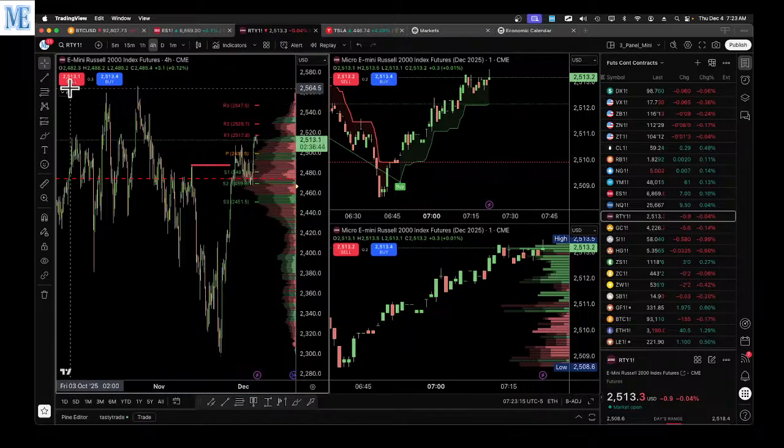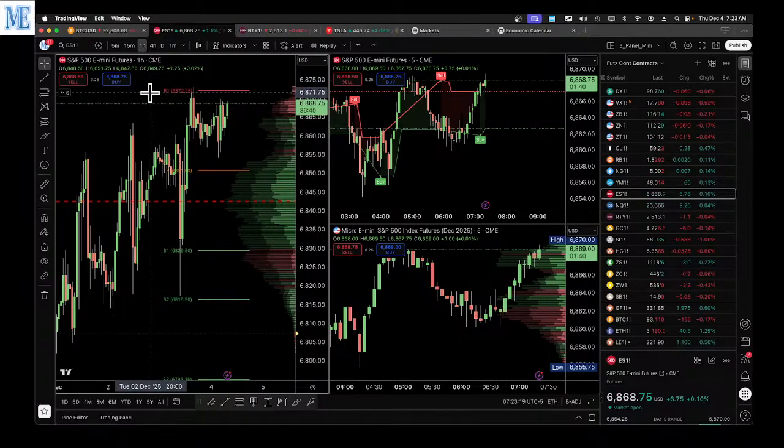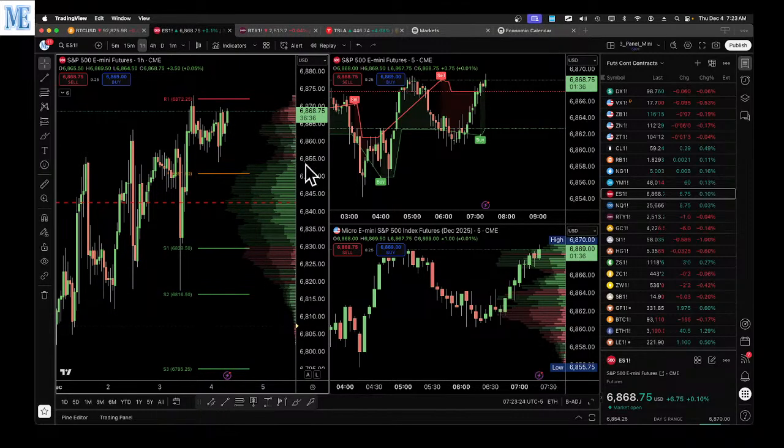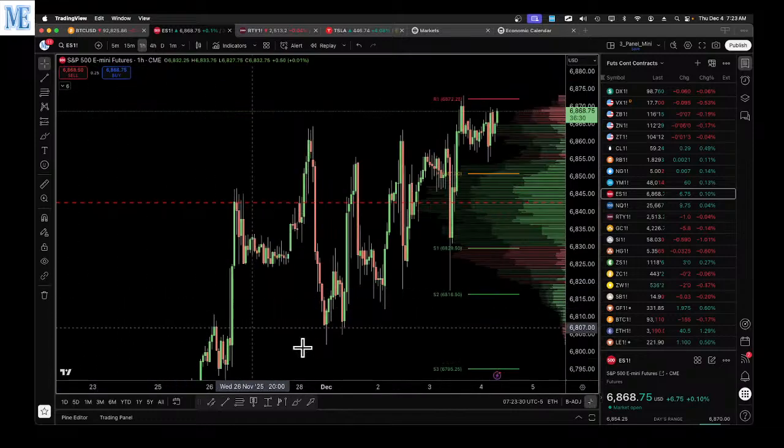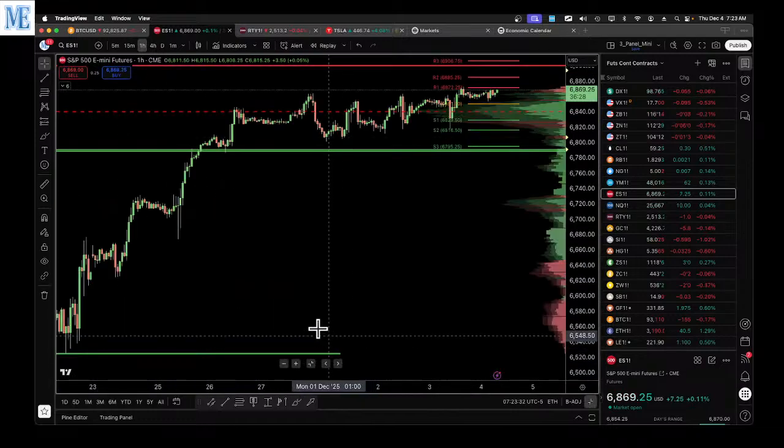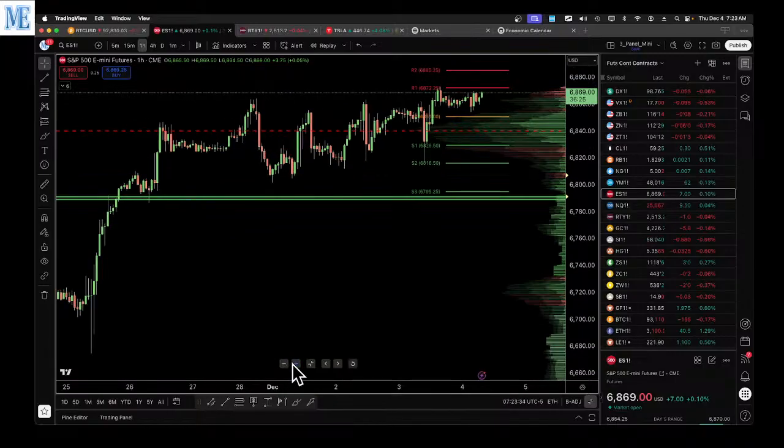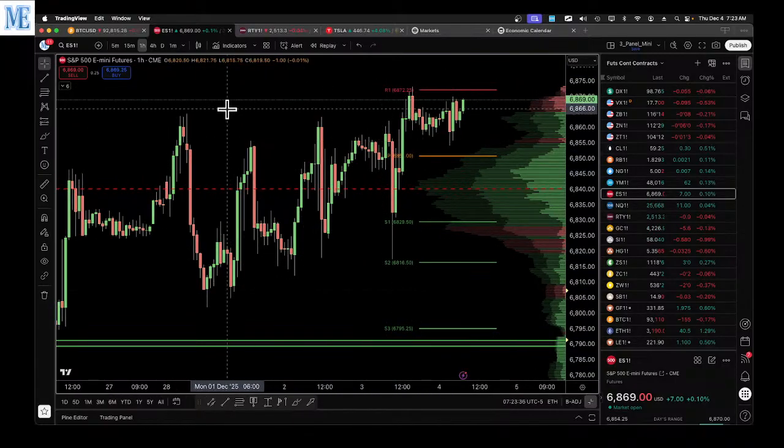Anyway, look at some levels here on the ES. We already took out R1, so that one's off the table. Let's blow up the screen here. Always looking at the 1 hour. That's just what we do when we do this kind of analysis, especially for pivots.